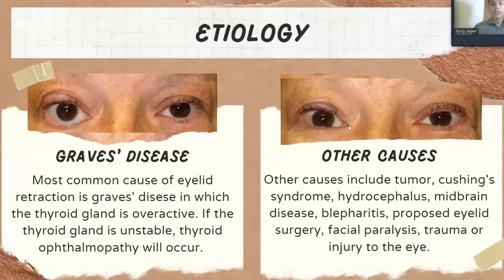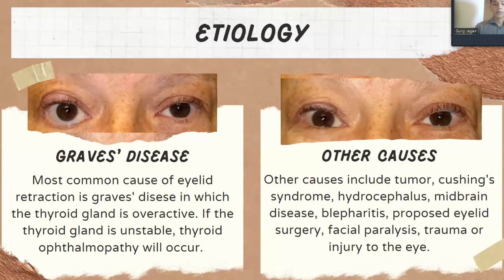My name is Agung Ragunyat Kanaparawangsa, with student ID number 2025111193, and I will explain about the etiology of eyelid retraction. So the most common cause of eyelid retraction is Graves' disease, when the thyroid gland is overactive.